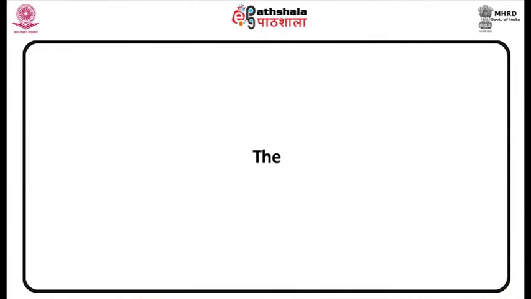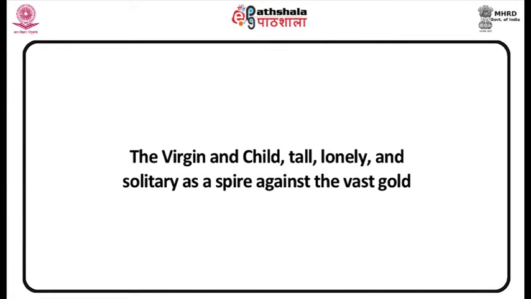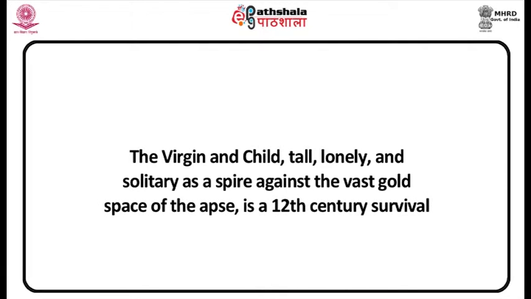In the cathedral on the nearby island of Torcello, however, the Virgin and Child, tall, lovely, and solitary as a spire against the vast cold space of the apse, is a 12th century survival.